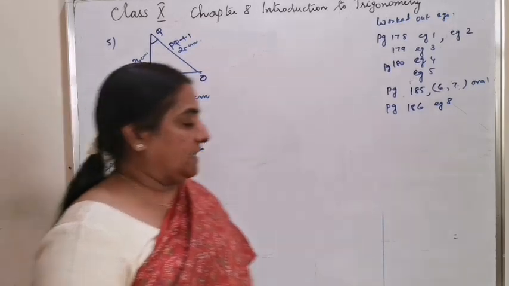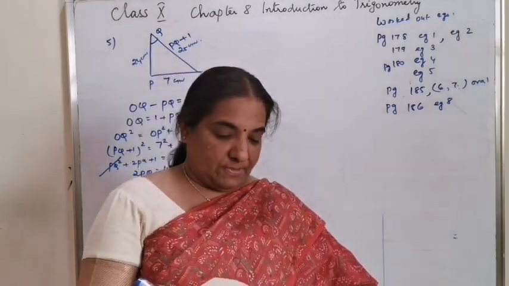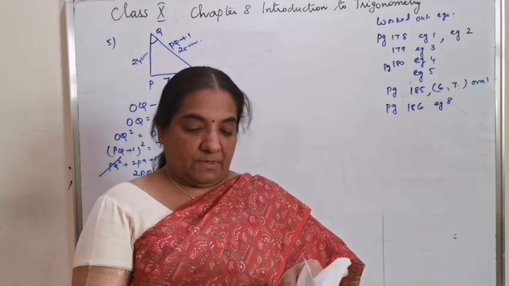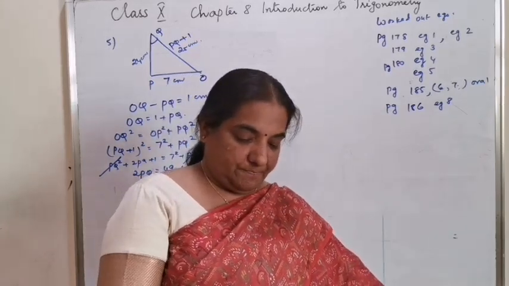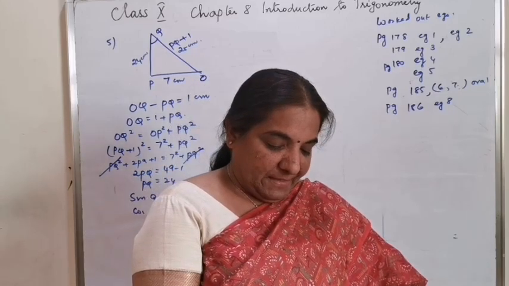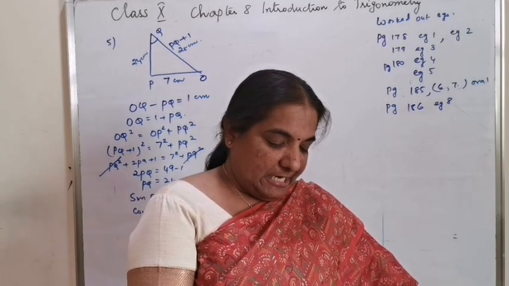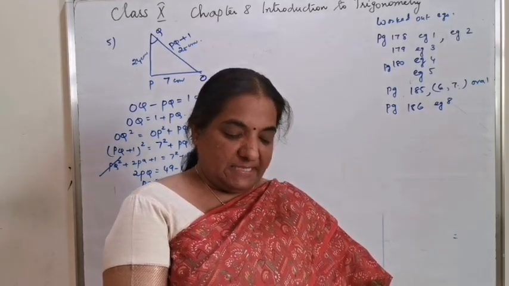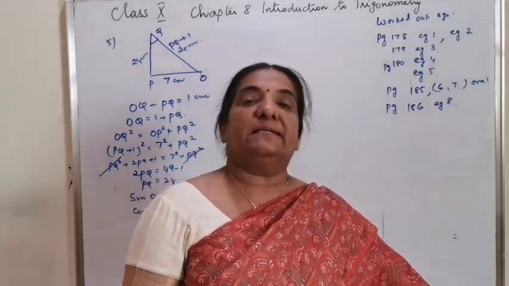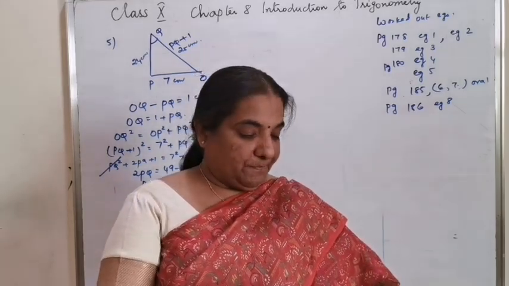Page 185, questions 6 and 7, I think we can just discuss orally because the questions are very simple. Question number 6. In triangle ABC right angled at B, AB is equal to 5 centimeter, angle ACB is equal to 30 degree. Determine the length of the sides BC and AC. It is direct application of sine 30 and cos 30 values.